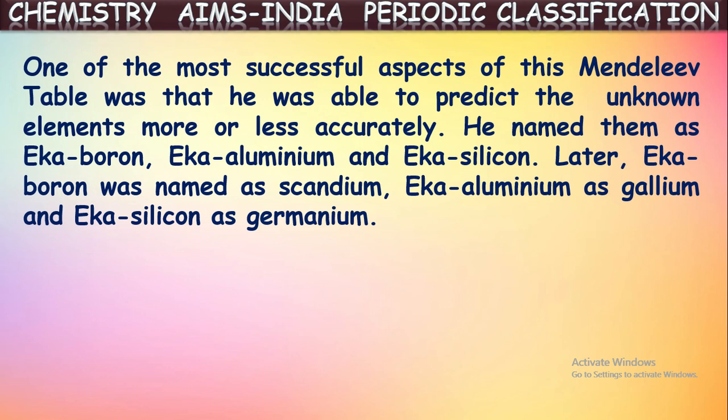And one more place he left for an element, which he named Eka-silicon. As he expected, that element was found and its name is germanium. So, in this way, he mostly succeeded by leaving certain gaps for the elements which were to be found later. Okay, that is one of the most important successful aspects of Mendeleev's periodic table.